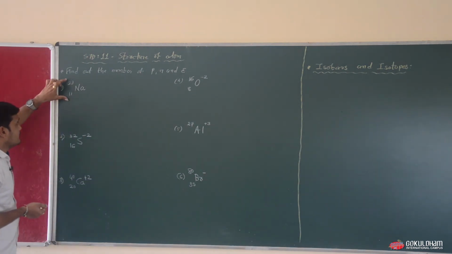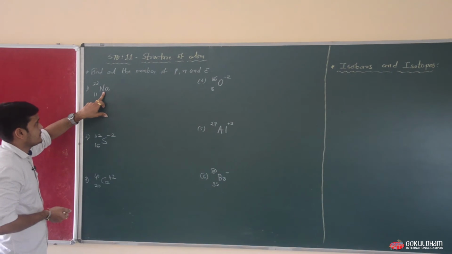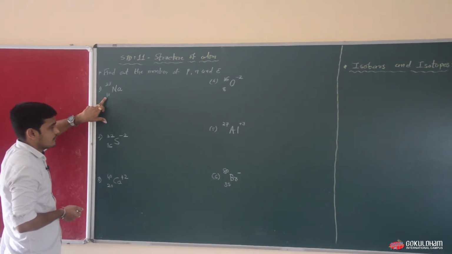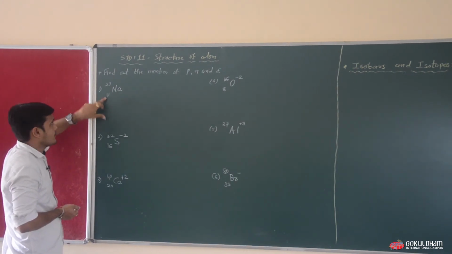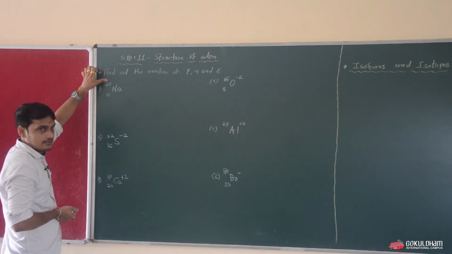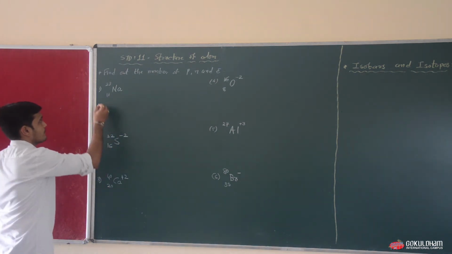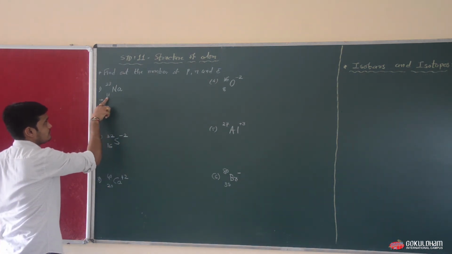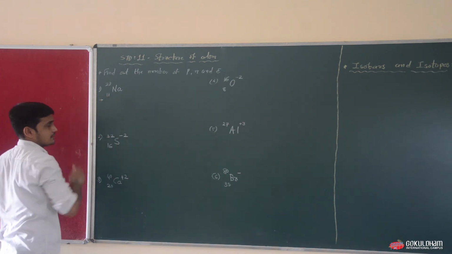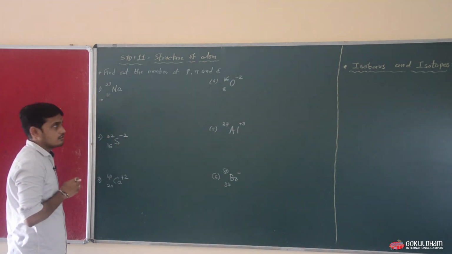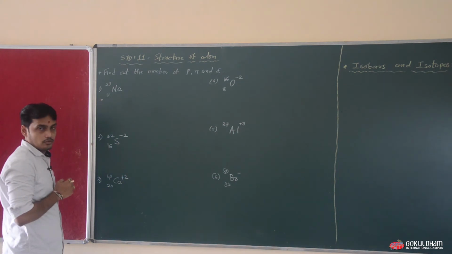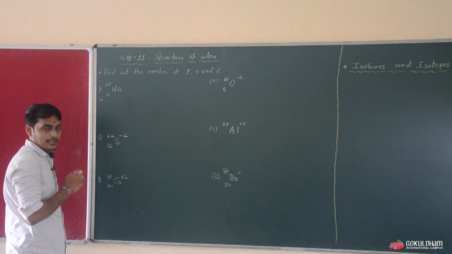Our first example is Na, meaning sodium. The atomic number you already know is 11, and the mass number is taken as 23. So how can we calculate this example? First of all, the atomic number is 11. So the number of protons is fixed according to the atomic number.